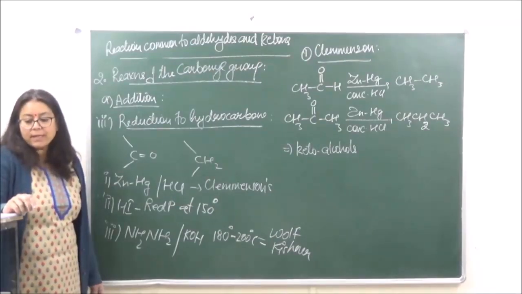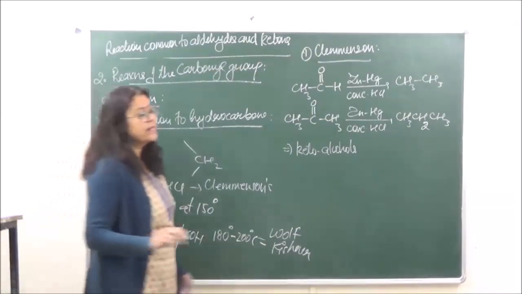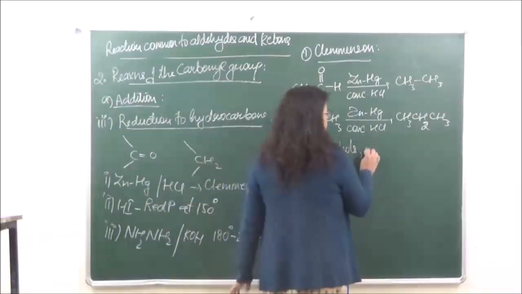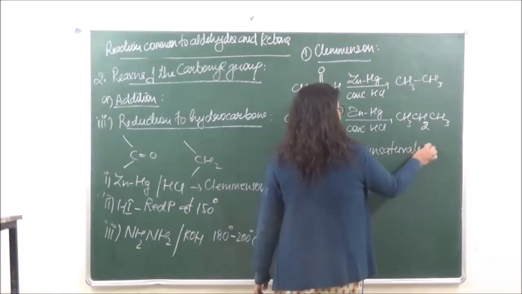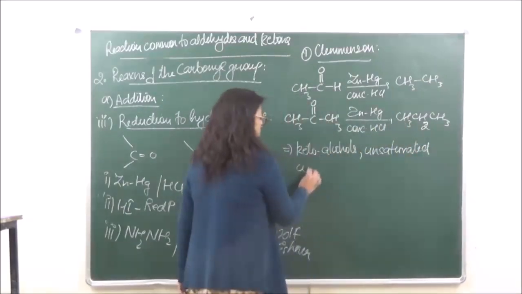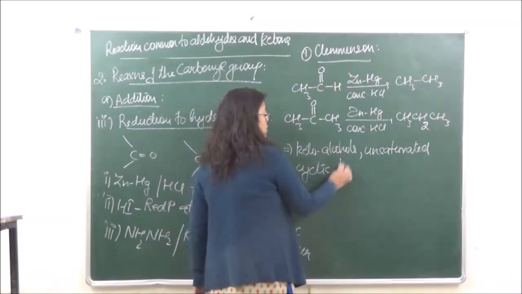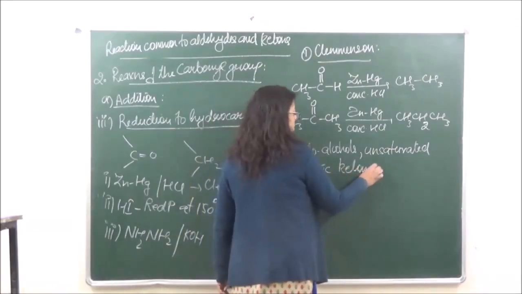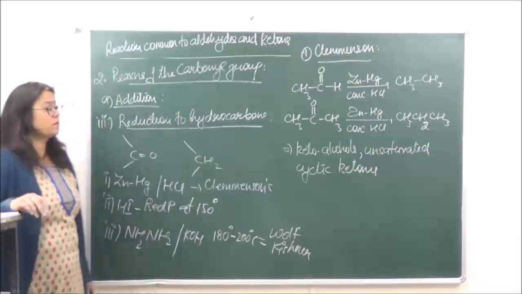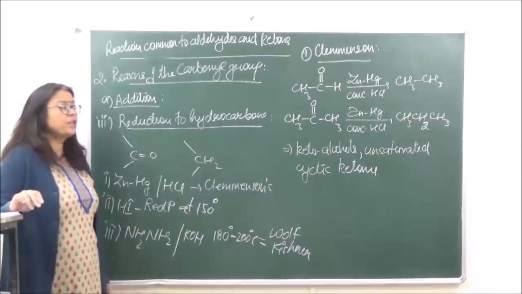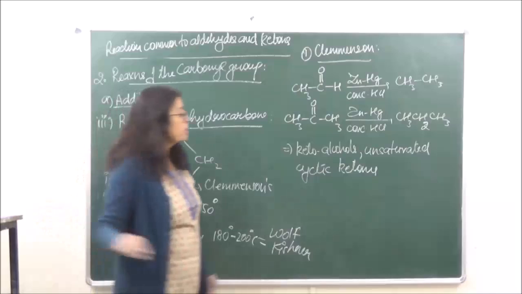They are not applicable to unsaturated cyclic ketones. Unsaturated cyclic ketones means that we are having a cyclic compound with a keto group and which has a double bond present in it.